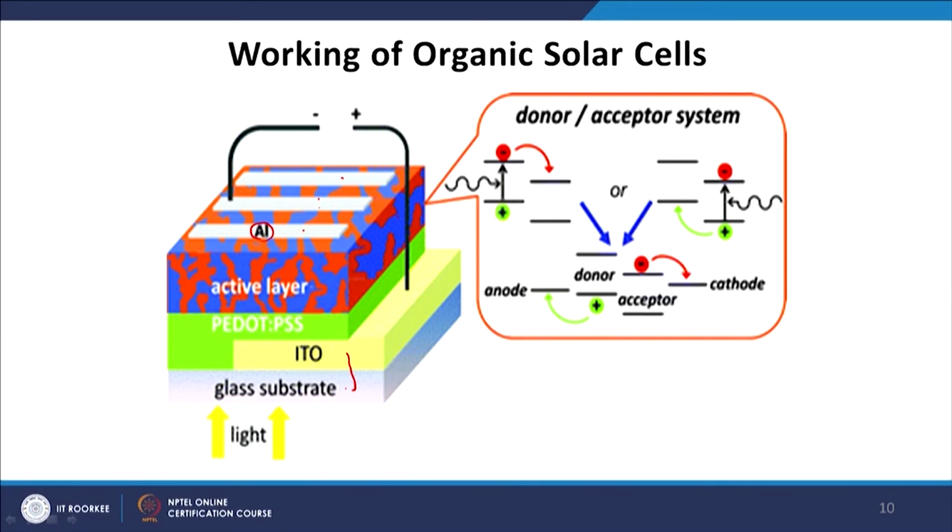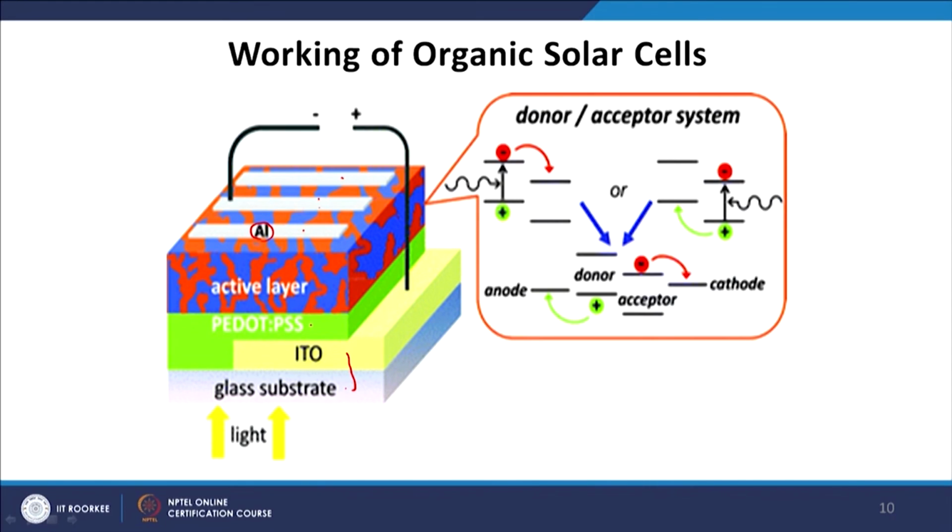In between there is an active layer, and we can use a hole blocking layer or electron blocking layer, like PEDOT:PSS, which is again a polymer whose hole mobility is very high. It stops one kind of charge carrier over the other, and another thing PEDOT:PSS does here is that it helps to wet the surface, so that the film on this substrate becomes very uniform.